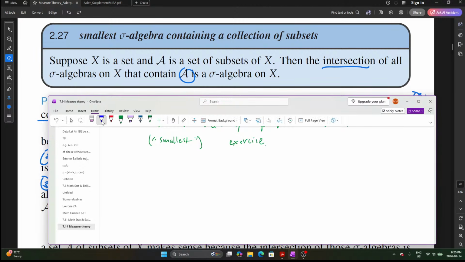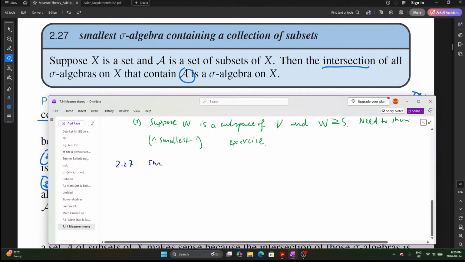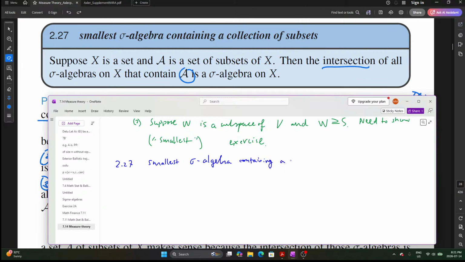2.27, smallest sigma algebra. Suppose X is a set and A is a set of subsets, so we just write A is a subset of the power set of X. Then let's write it as sigma of A, because this is quite common notation in probability theory.